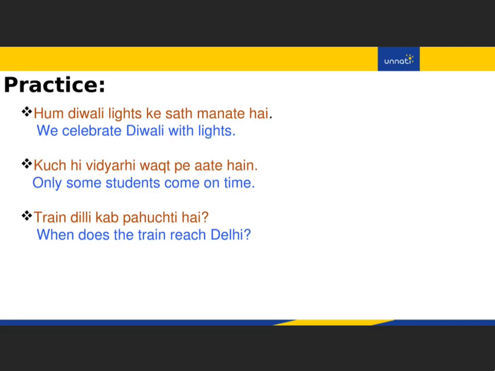Only some students come on time. So this is again affirmative simple present. ट्रेन दिल्ली कब पहुंचती है? When does the train reach Delhi? This is question in simple present, right?